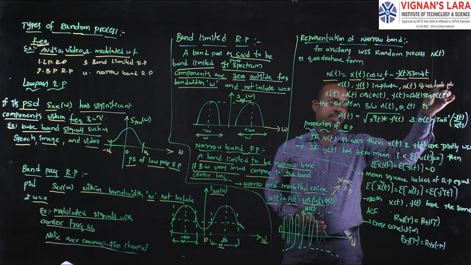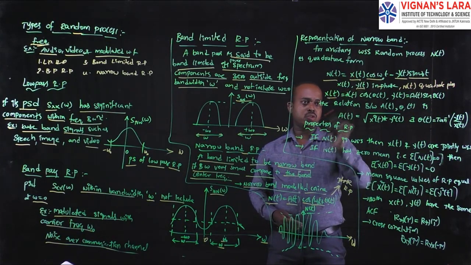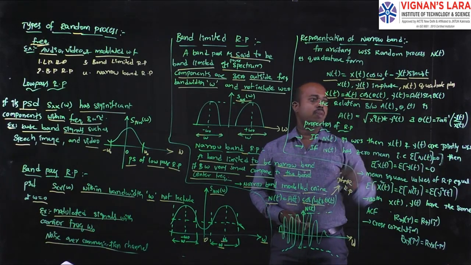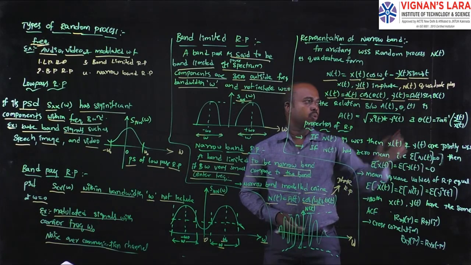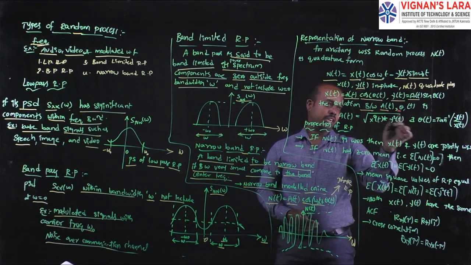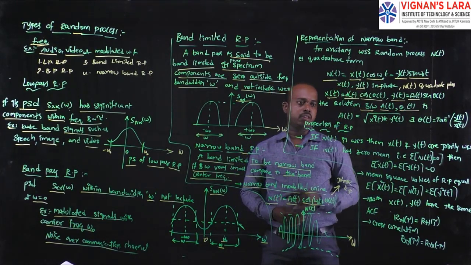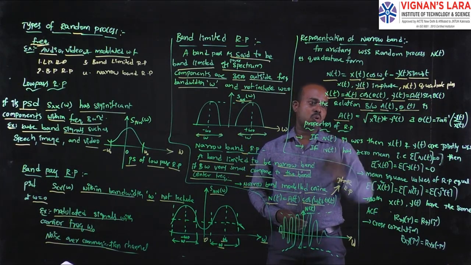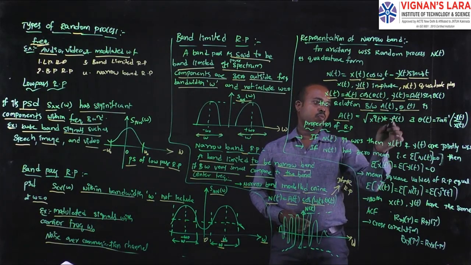Here, we define x of t as a of t into cos of theta of t. Similarly, y of t we define as a of t into sine of theta of t. The relation between a of t and theta of t in the narrow band equation: a of t is equal to its magnitude, the square root of x square of t plus y square of t.